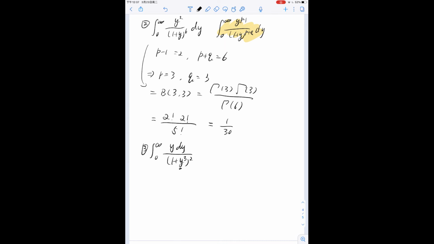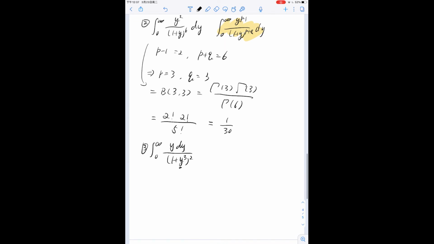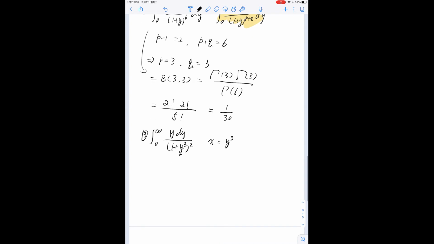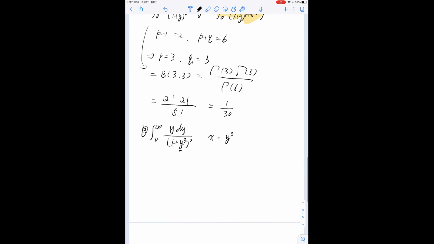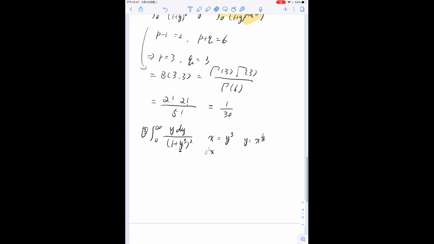It makes the calculation not so obvious, so to make it simpler we use a change of variable. Let x equal y to the power of 3. Therefore y equals x to the power of 1/3, and dy equals 1/3 times x to the power of 2/3 minus 2/3 dx.